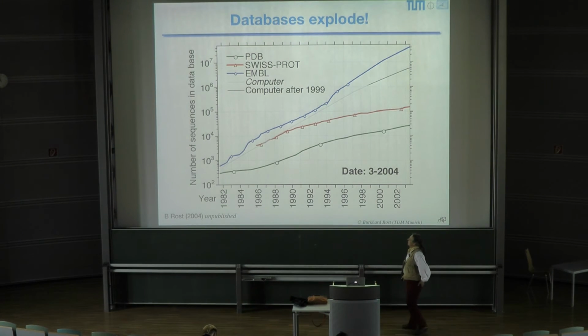Okay, what I show here is the year versus number of sequences in a database for different databases. PDB, I already talked about, that is a logarithmic scale. PDB, the proteins of known three-dimensional structure.